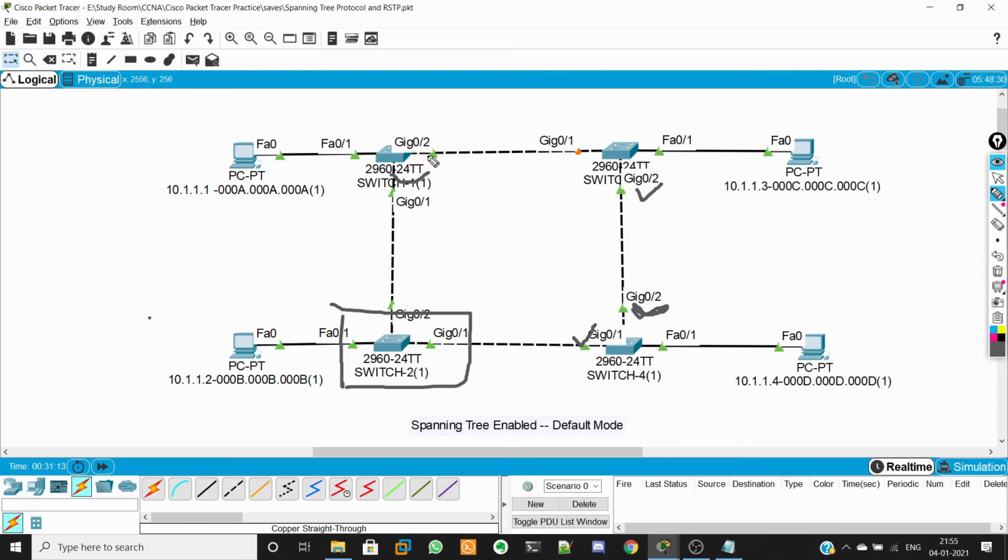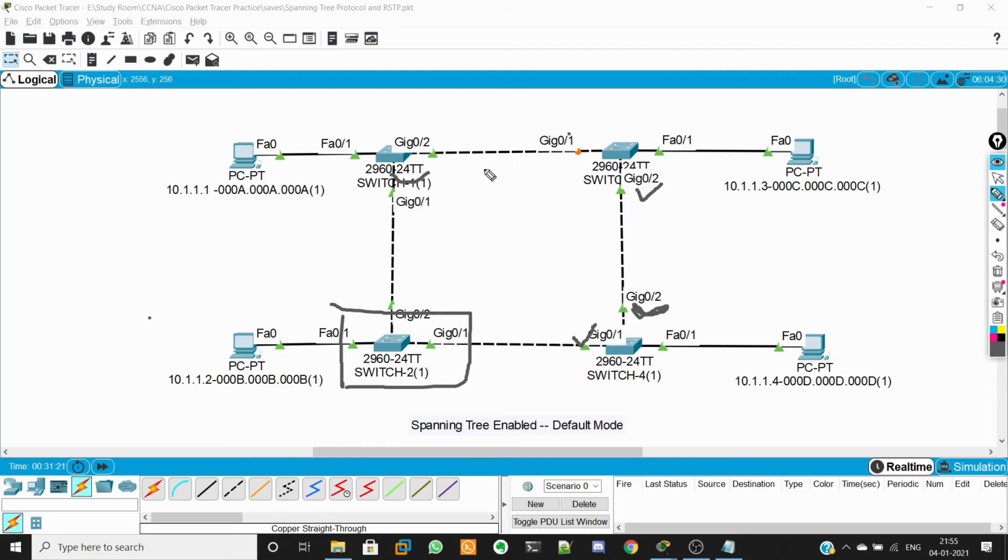You may ask, how did we choose this particular interface as the designated port? Why don't we choose this other port as the designated port? It is the right question. How did we elect the root port? The root port is the port which has the lowest cost to reach the root switch. In the same manner, we compared these two interfaces to see which has the lowest cost to reach the root switch, and based on that, we elected the designated port.